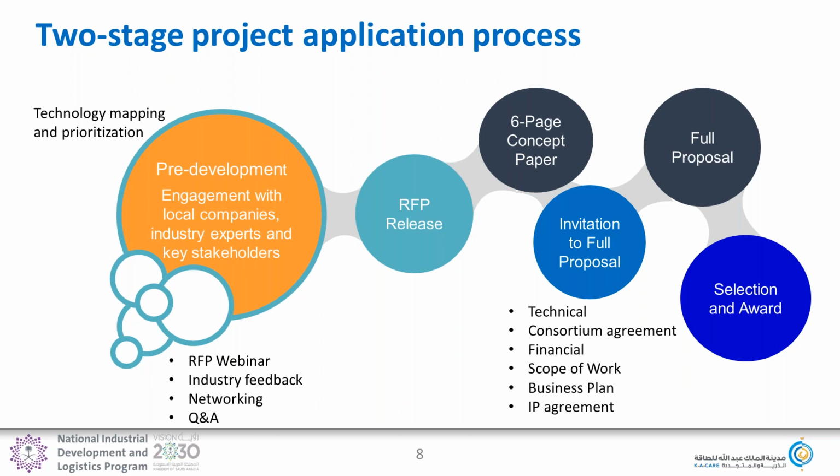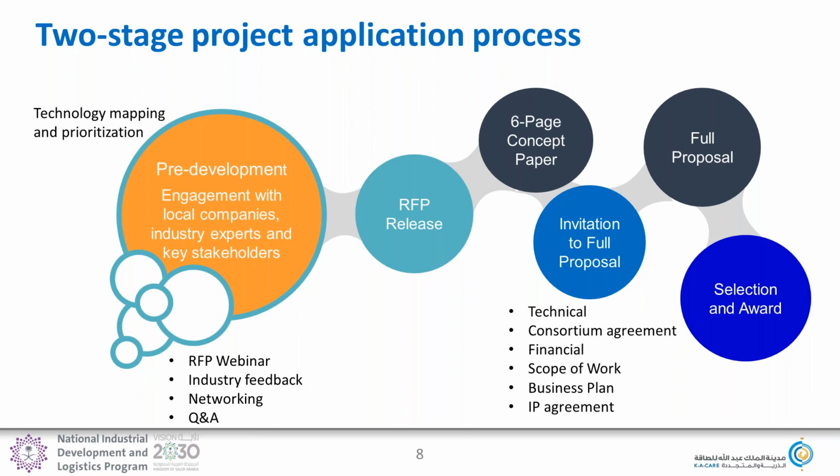So we will expect to see a technical volume. We expect to have a consortium agreement if the cost share is being provided by anyone other than the bidder. That's not required if the bidder is providing the cost share.